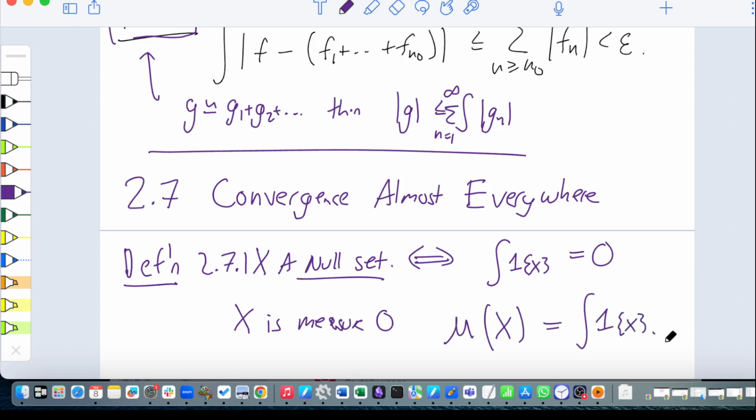So if you want to measure how big a set is, you make the function that is 1 on the set and you integrate it. For example, the measure of the interval 0 to a half, you take a function that is 1 between 0 and a half and 0 everywhere else, you integrate that up, it's going to be a half. Actually, this is a step function in this case, so it's great. And so the measure will be a half. Just asking because it's the definition we see in other places. Right.